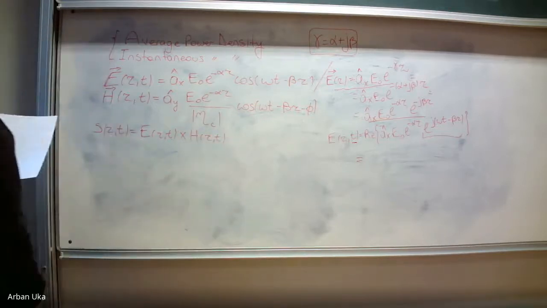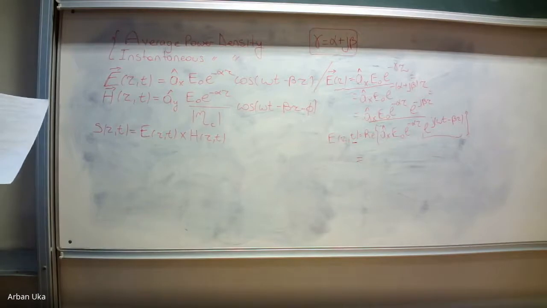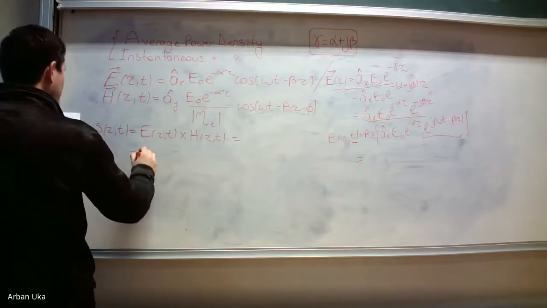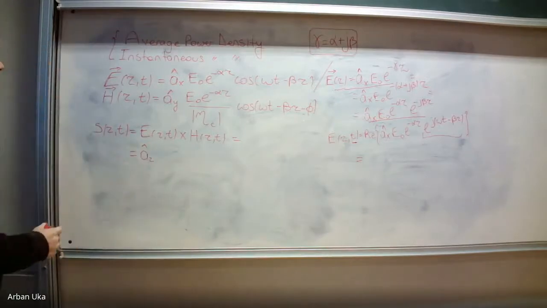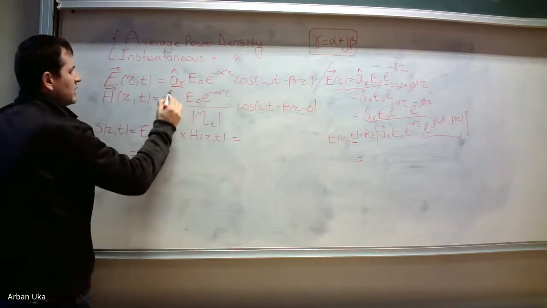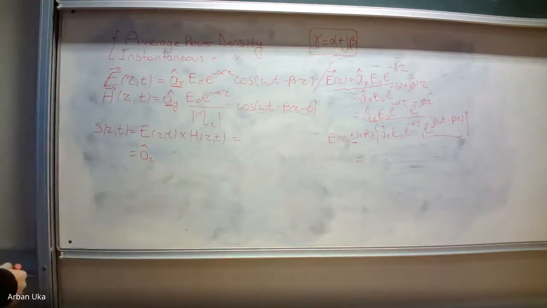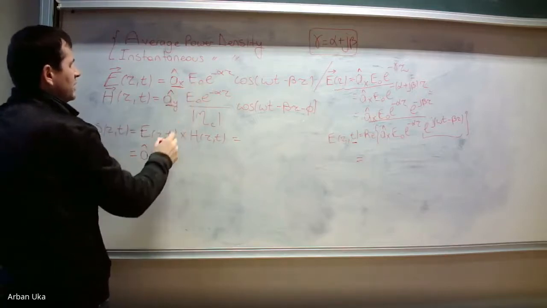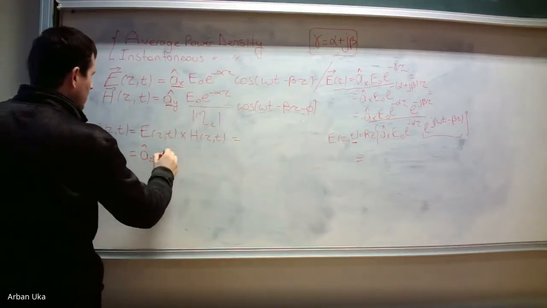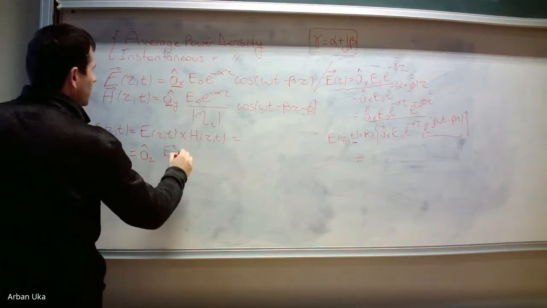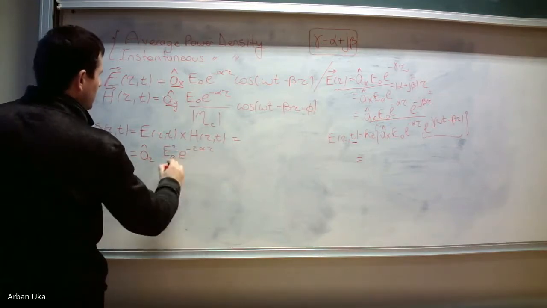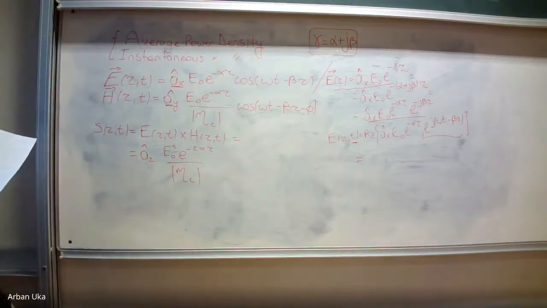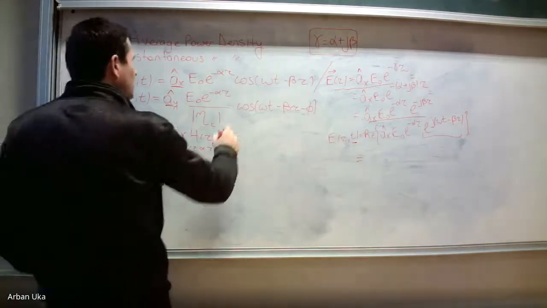So we take the cross product of both instantaneous expressions, and we get a_z as the direction, because a_x cross a_y gives a_z. The magnitudes will be E0 squared, e^(-2 alpha z), divided by eta_c, okay? And then we multiply the cosines.